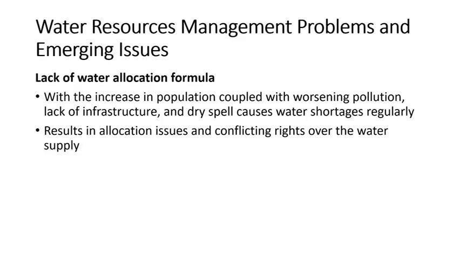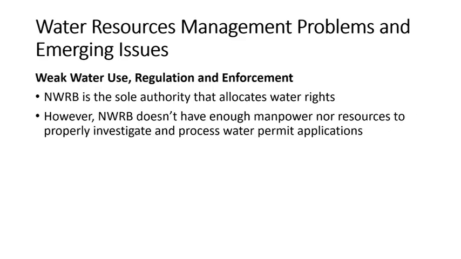So NIA and MWSS had a deal where MWSS had to buy that share of water from NIA. But until now, I think it's still unpaid. Okay, so yeah, there's a lot of conflicts all over our water resources.